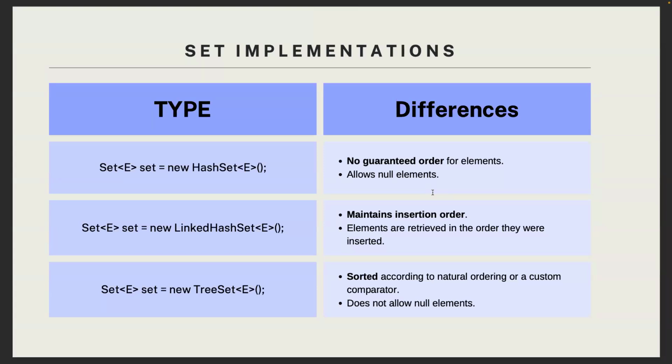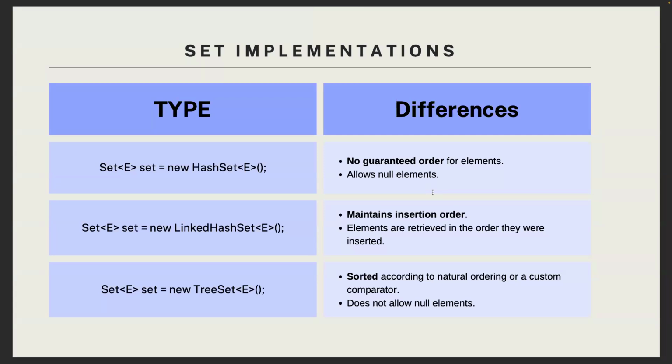Set. The second implementation is linked hash set. This is a little different one, because it maintains the insertion order. Which one came first will always remain at that spot. Second will always keep its second spot. Third never changes.